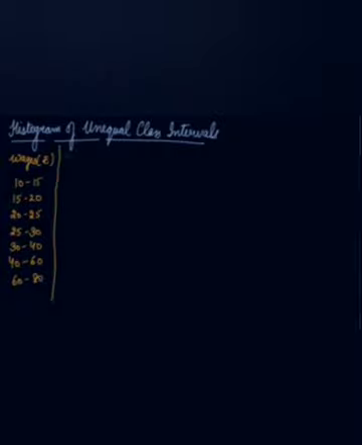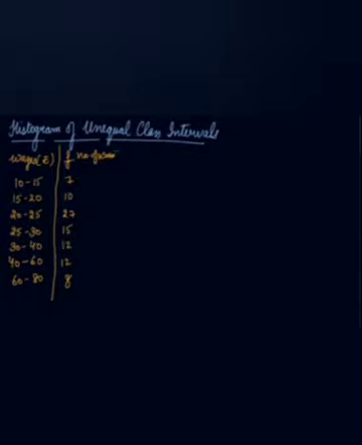And these are the frequencies, or the number of workers: 7, 10, 27, 15, 12, 12, 8.